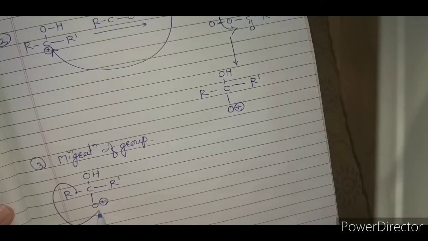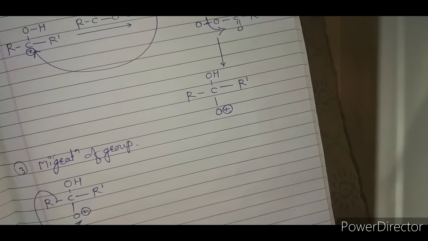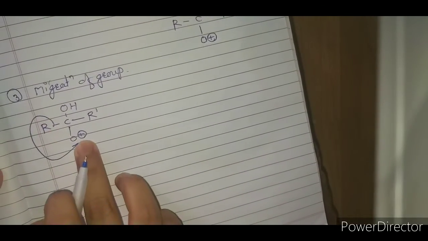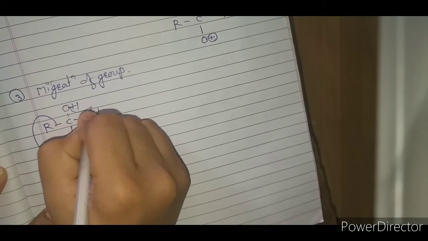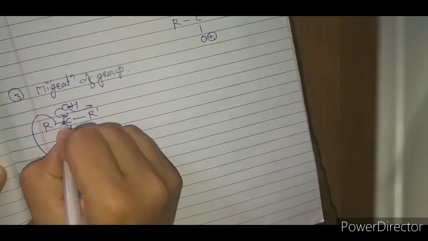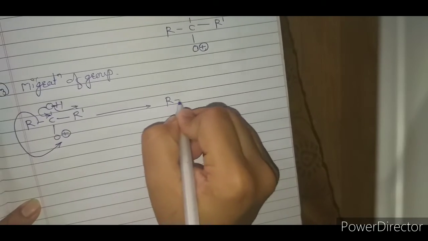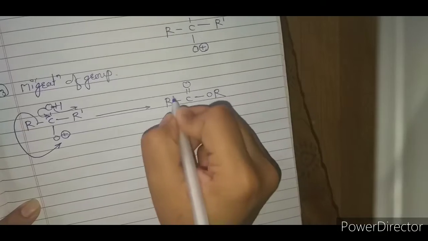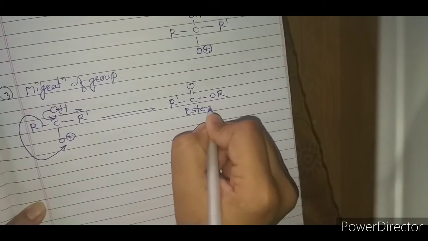This alkyl group migrates towards the electron deficient oxygen. At the same time this proton is removed and this pi bond shifts here, this bond shifts here and forms ester.